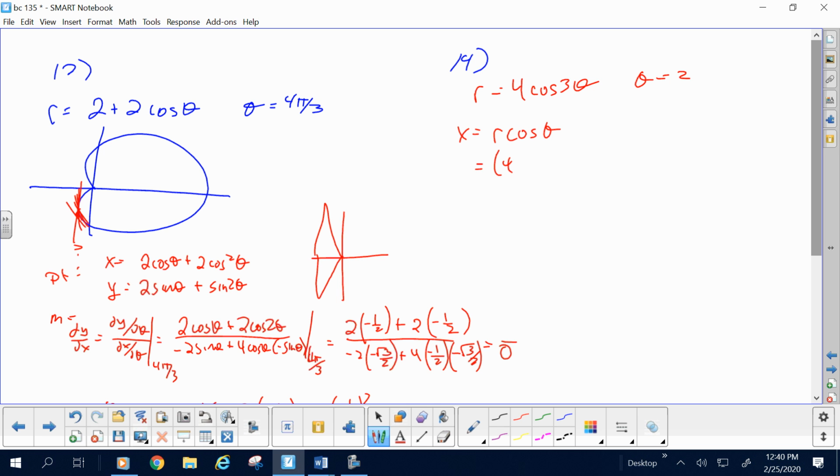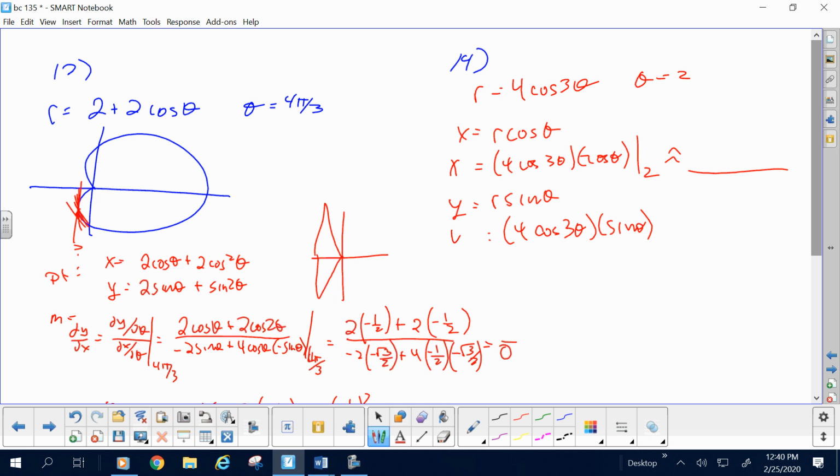X is 4 cosine 3 theta times cosine theta at 2, and that is blah. Y is r sine theta, so it's 4 cosine 3 theta times sine theta, and at 2 is blah. Are you okay with finding the x and the y via calculator? Are we cool?